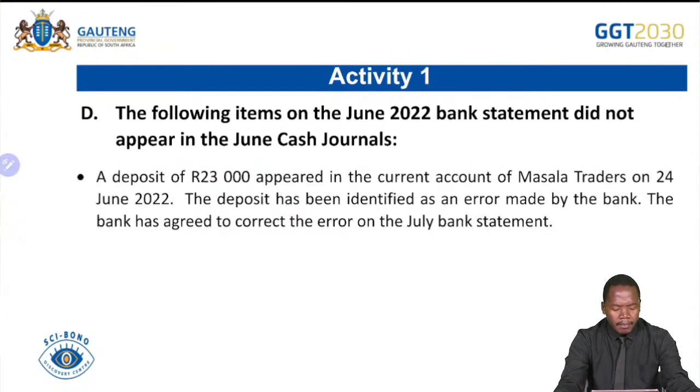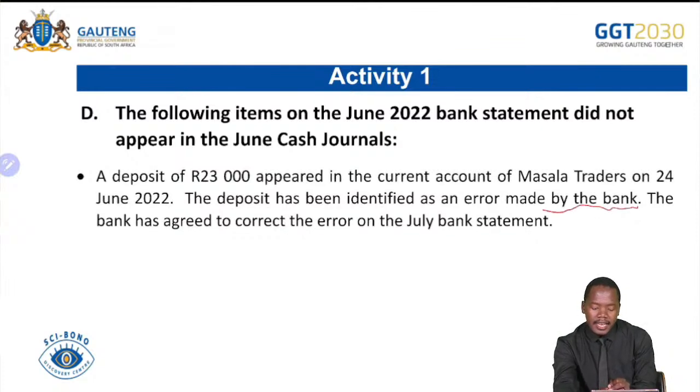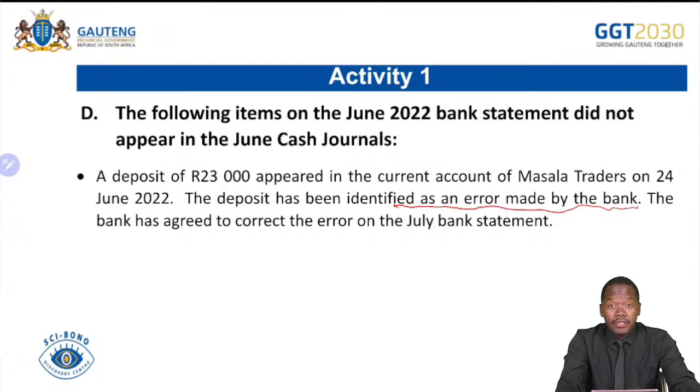Now, a deposit of 23,000 appeared in the current account of Masala Traders on 24 June 2022. The deposit has been identified as an error made by the bank. So it is not the business's problem.